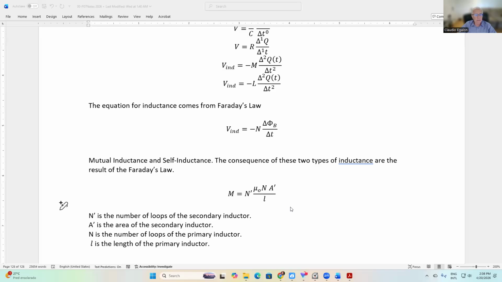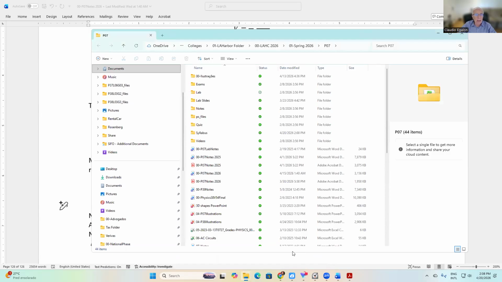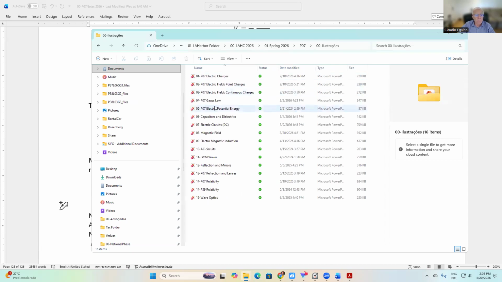For self-inductance, the derivation is similar, but the final equation is going to be different. So for self-inductance, let's take a look here. I'm going to get an illustration, right? The slides, not lab, right in here.